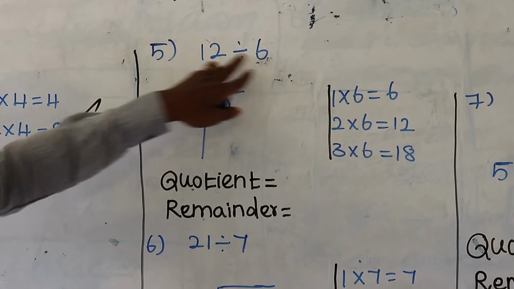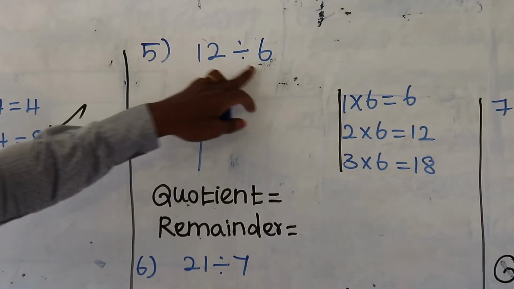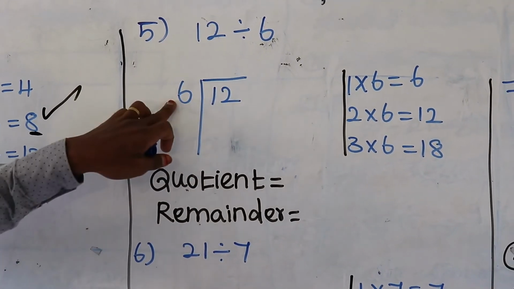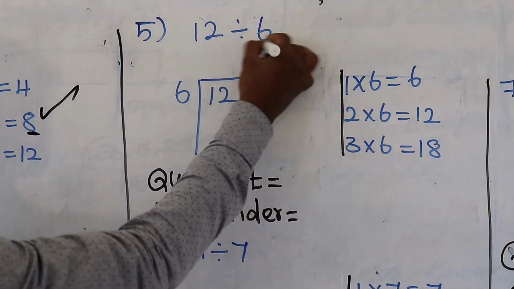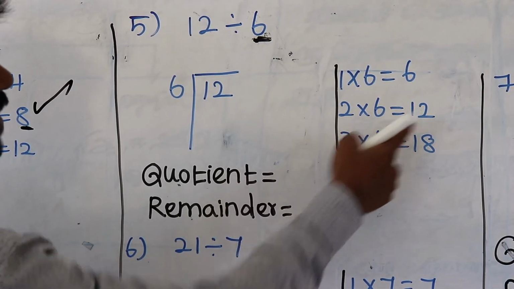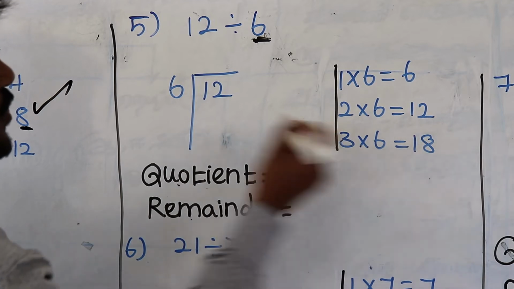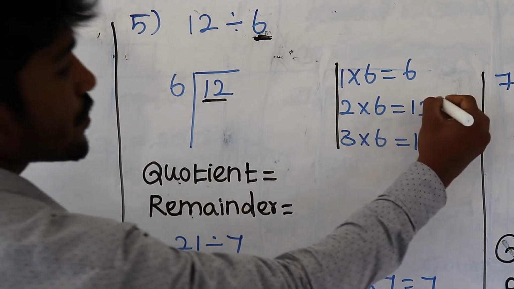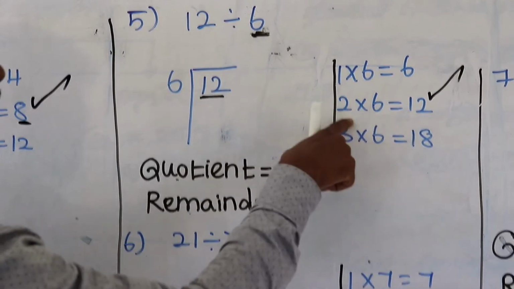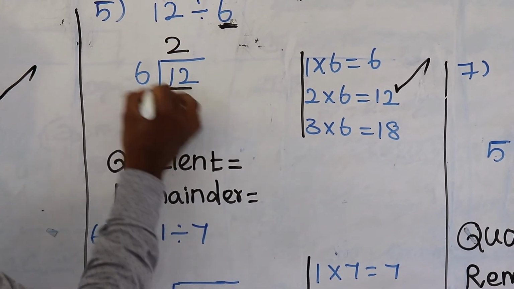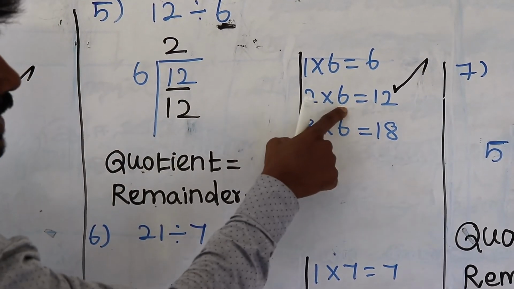Then next, fifth sum, 12 divide 6. 12 is the divided value, 6 is the divisor. So here 12 divide 6 like this. The sixth table is possible. 1 6 is 6, 2 6's are 12, 3 6's are 18. Here the divided value is 12. Where is 12? This one is 12. So this one is possible. How many 6's are 12? 2 6's are 12.